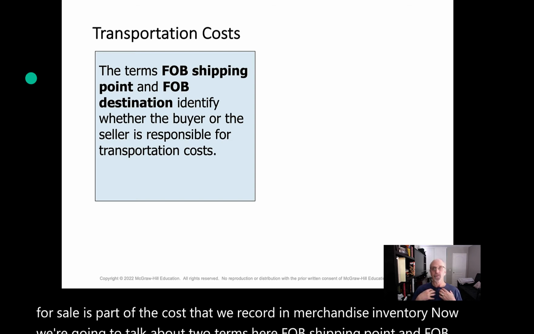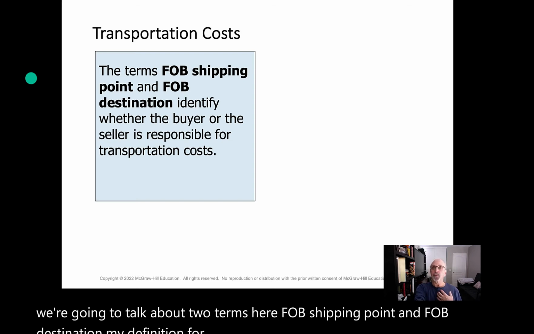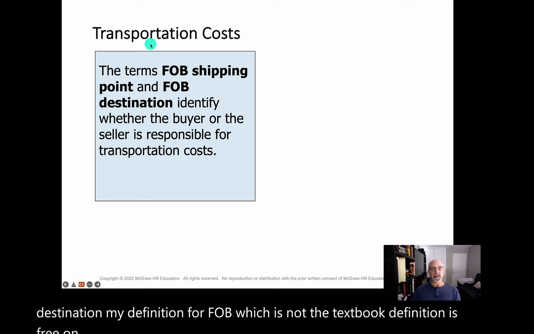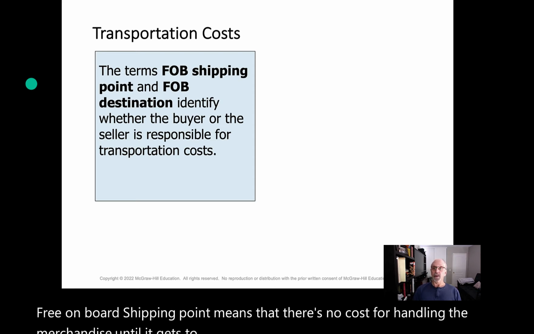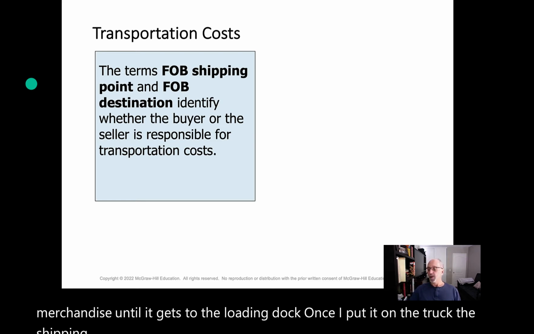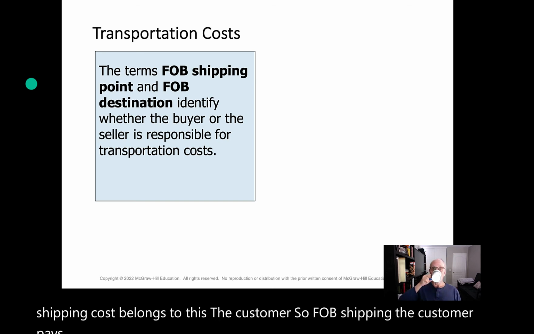My definition for FOB, which is not the textbook definition, is free on board. And what that means is free on board shipping point means that there's no cost for handling the merchandise until it gets to the loading dock. Once I put it on the truck, the shipping cost belongs to the customer. So FOB shipping, the customer pays the transit.